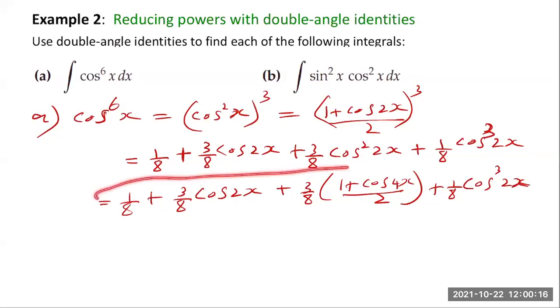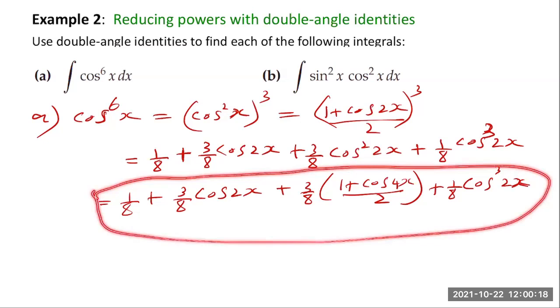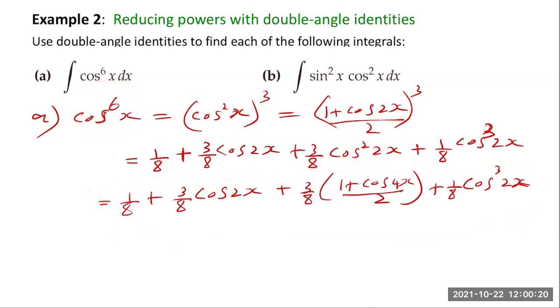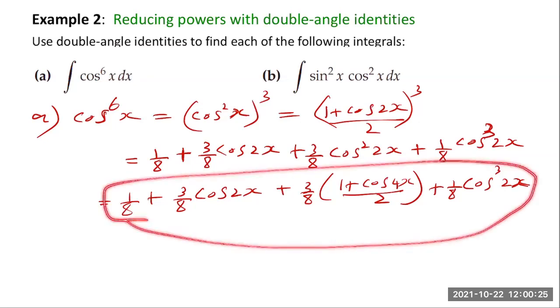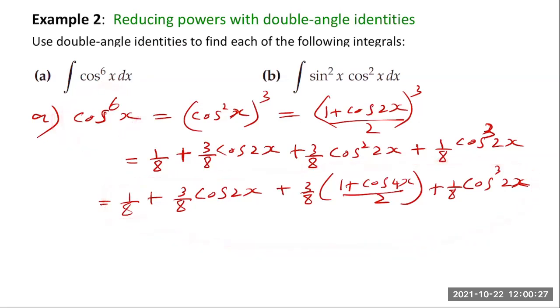Even though this expression is longer than the previous one, in terms of integration it is easier to integrate. Now let's try to integrate this long function. Let's start the integration.